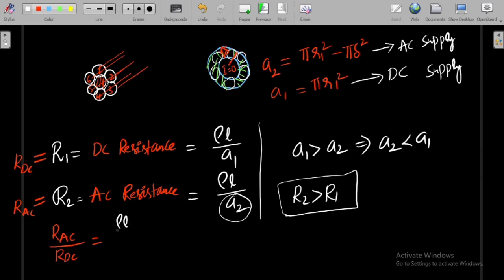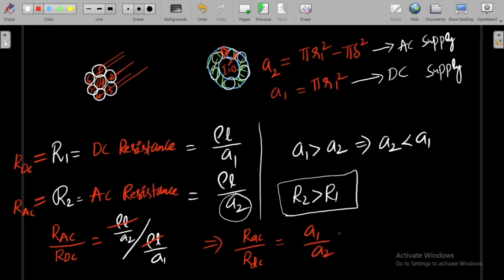It is rho L by A2, and what is RDC? It is rho L by A1. Here rho L and rho L get cancelled. You will get RAC by RDC as A1 by A2.